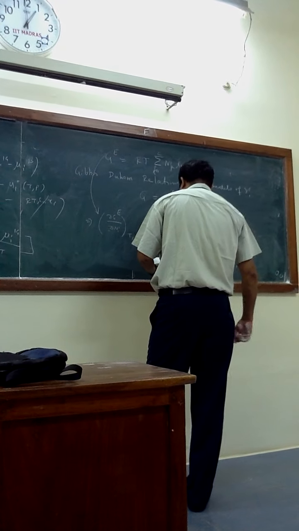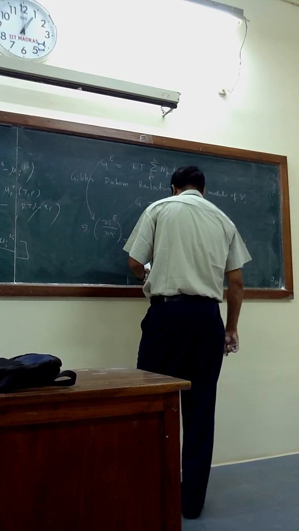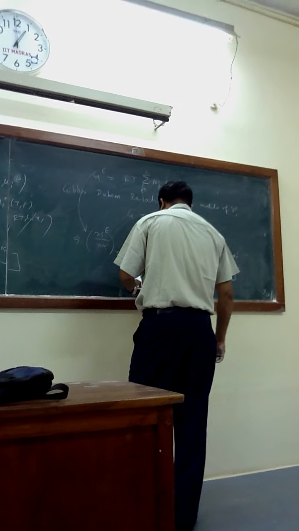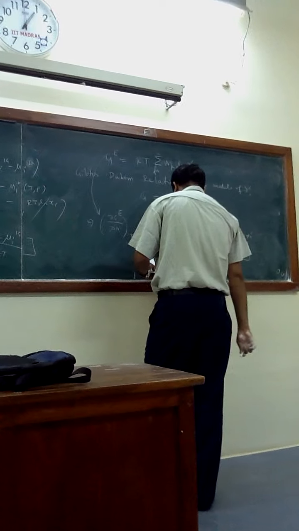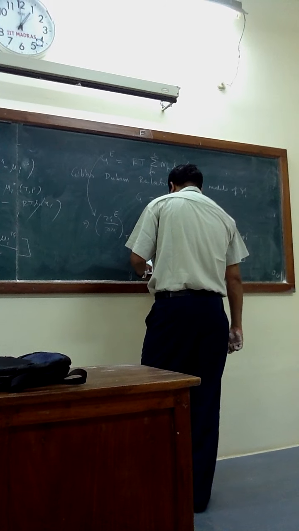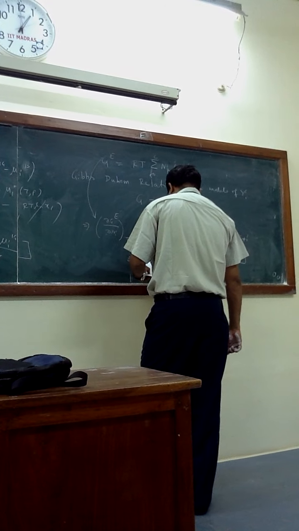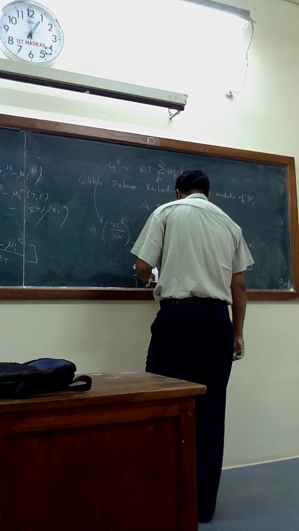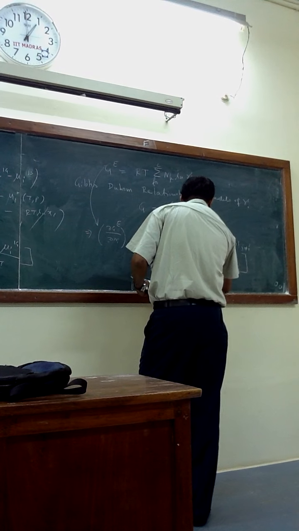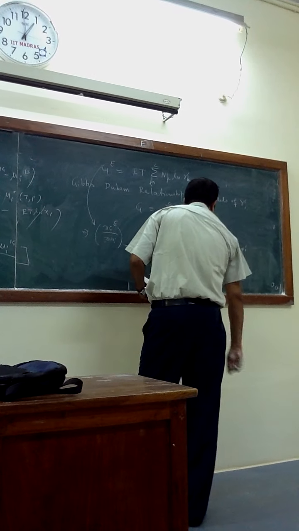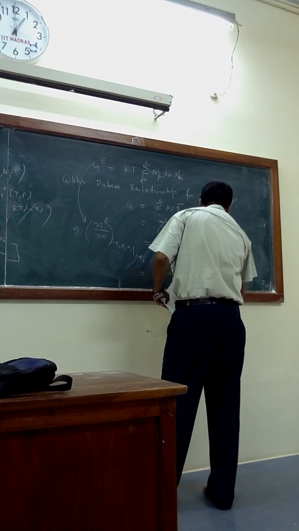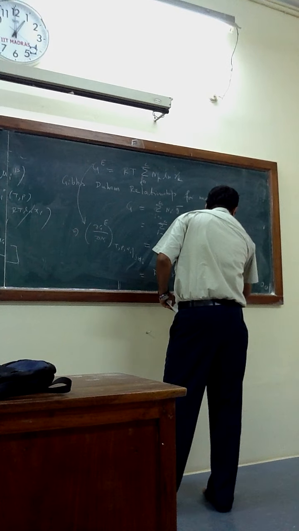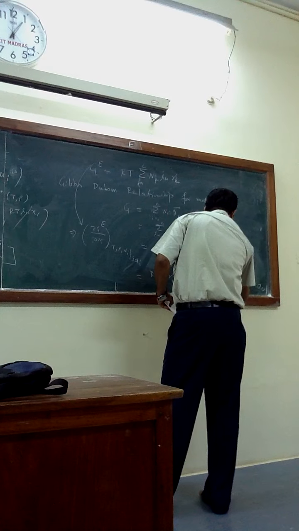Then plus RT summation k equals 1 to C Nk dou ln gamma k by dou Ni.